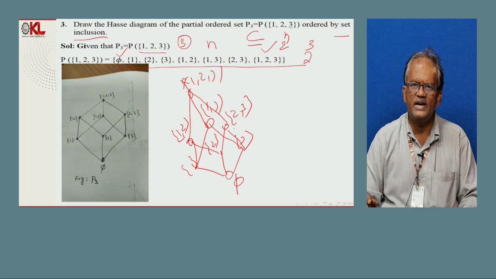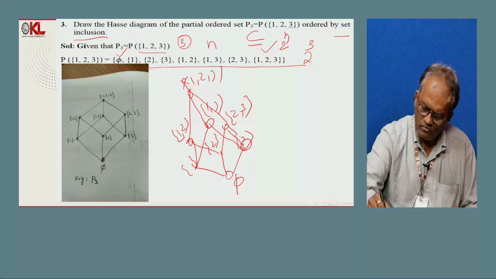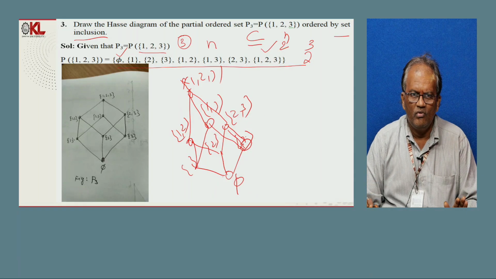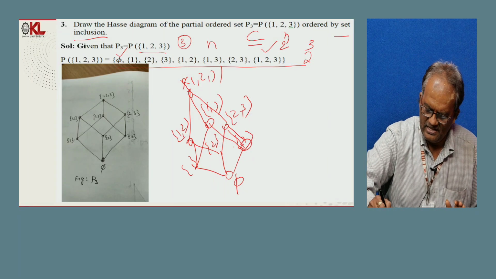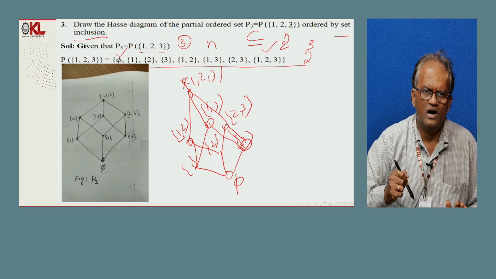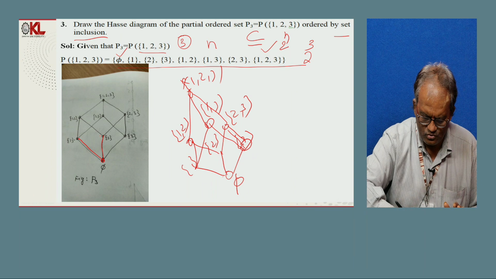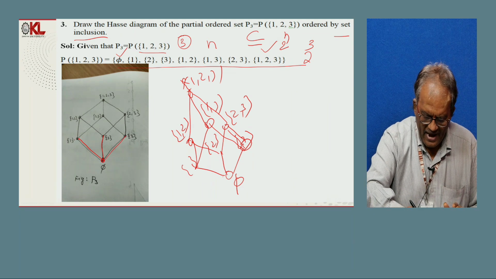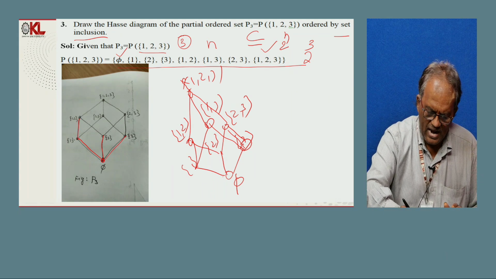Like this we can draw the diagram by using the given elements in the power set, and the lines connect the elements. See, the empty set is connected to {1}, which is connected to {1, 2}. {1} is not a subset of {2}, that's why there is no line. {1} and {2} are subsets of {1, 2}.